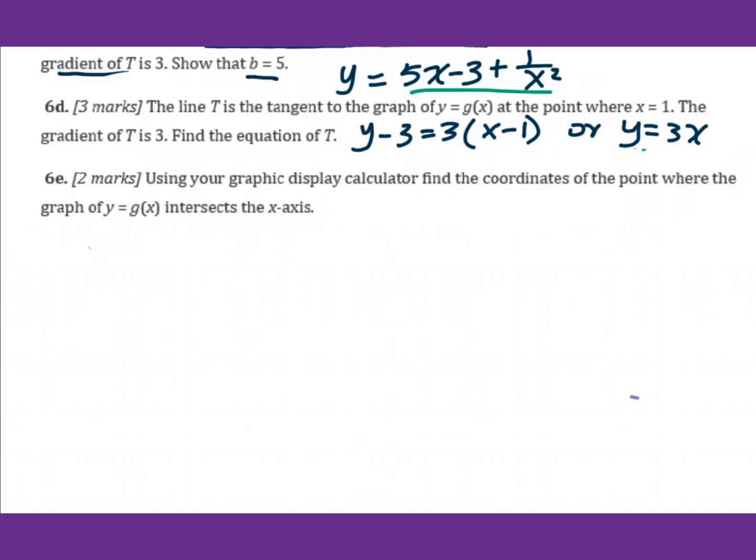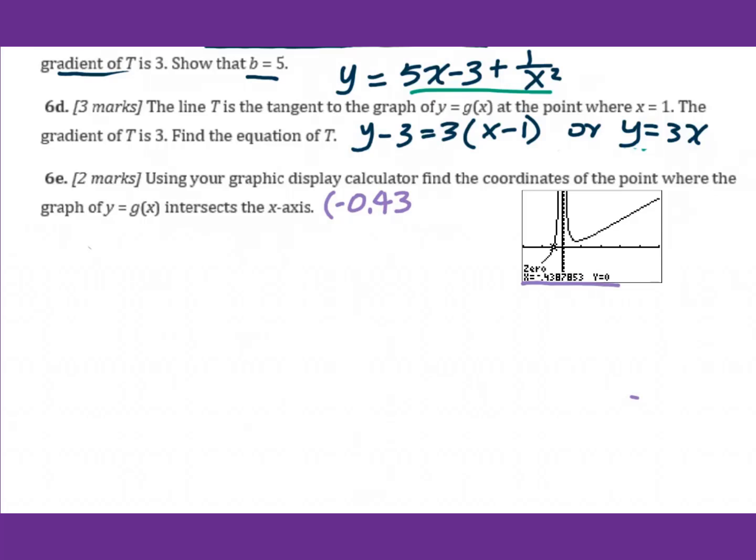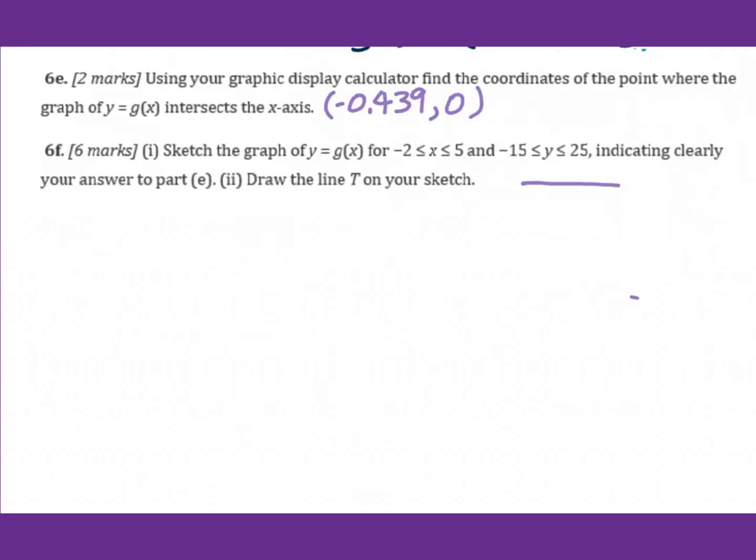Go to 6e. Use your graphing calculator to find the coordinates of the points where the graph of y equals g of x intersects the x-axis. This is the graph, and then you figure out the x-intercept will be negative 0.4390. For 6f, sketch the graph of y equals g of x for x between this and y between that, indicating clearly your answer to part e.